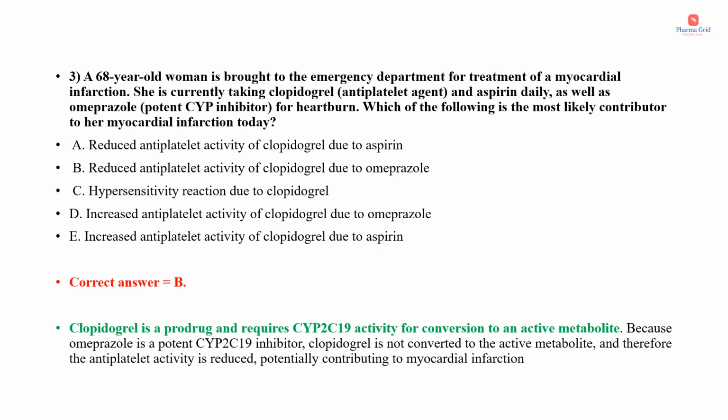The reason is that clopidogrel is a prodrug, and this clopidogrel requires CYP2C19 activity for conversion to an active metabolite. Because omeprazole is a potent CYP2C19 inhibitor, clopidogrel cannot get converted to its active metabolite, and therefore the antiplatelet activity is reduced, potentially contributing to myocardial infarction.